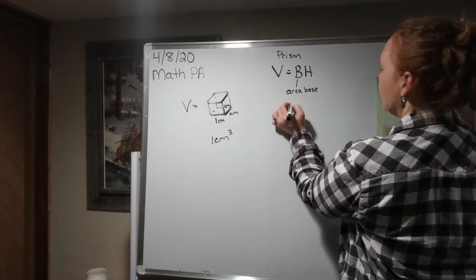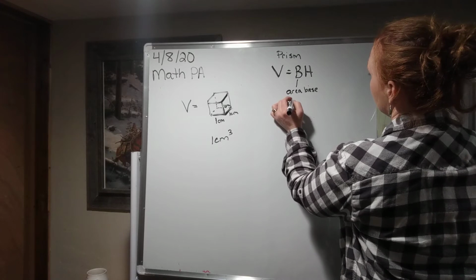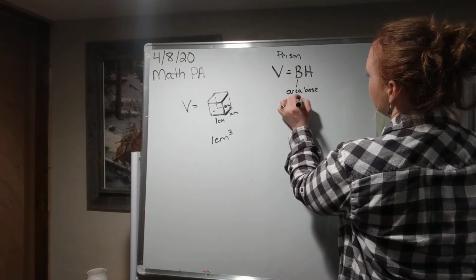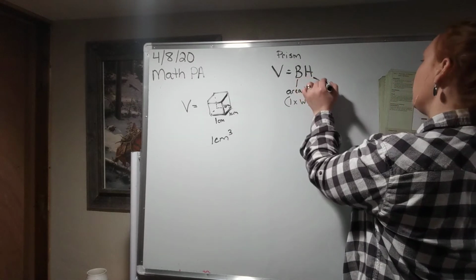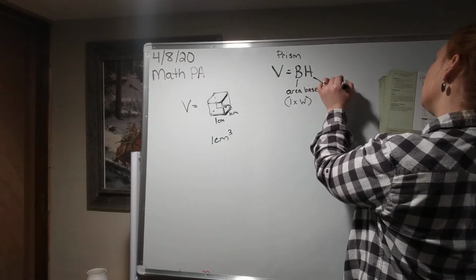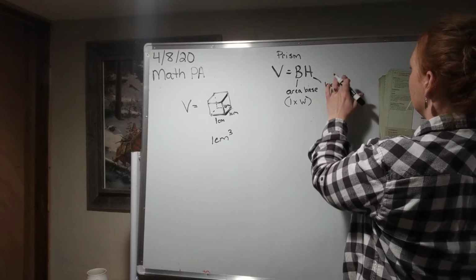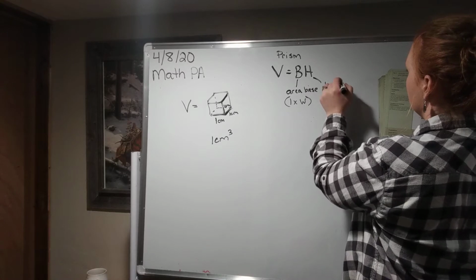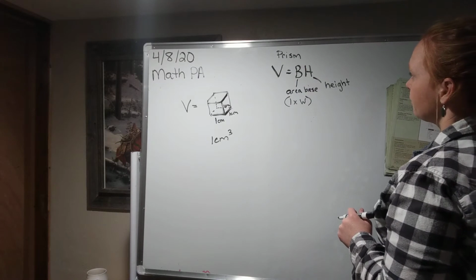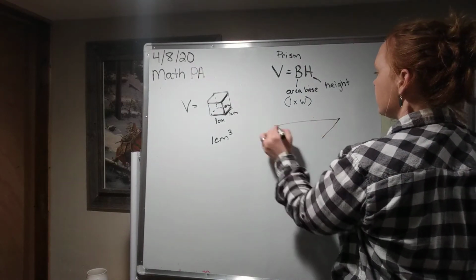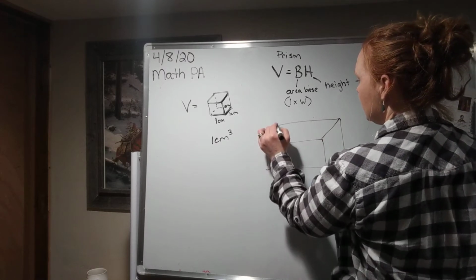And how do we find the area? Do you remember? Length times the width. And then this is going to be the height of the prism. So I have this prism and it's made up of many cubes.